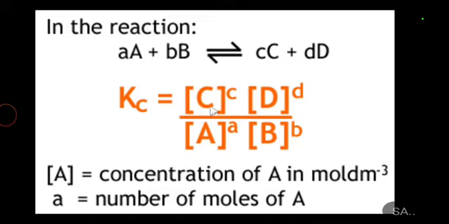So this is the concentration of product C, and this is the number of moles of product C. Similarly it goes with the molar concentration of product D, and this is the number of moles for product D, and this is the molar concentration of reactant A, and here the number of moles of reactant A, while this is the molar concentration of reactant B, and here are the numbers of moles for reactant B. I hope that you have understood this expression for equilibrium constant.